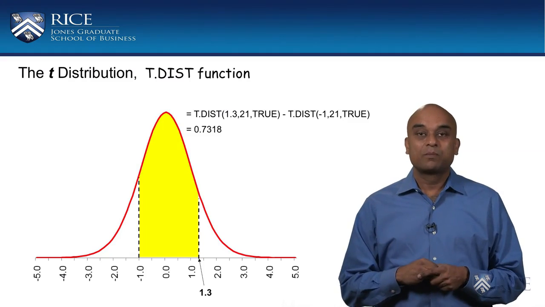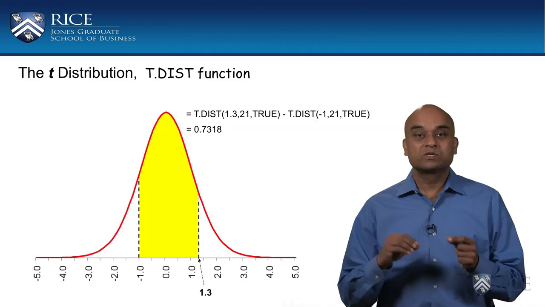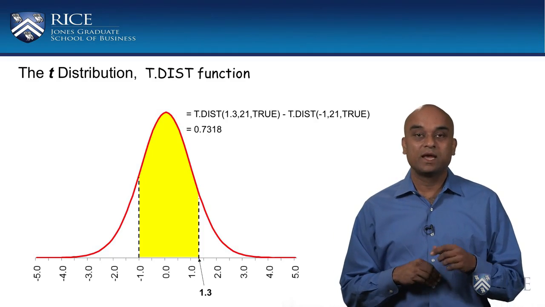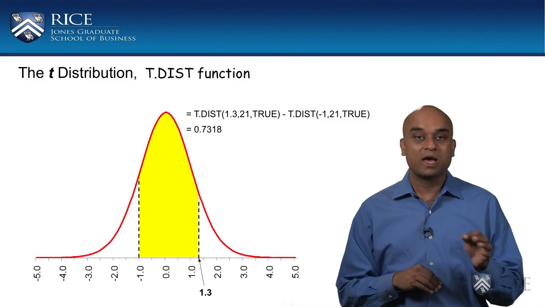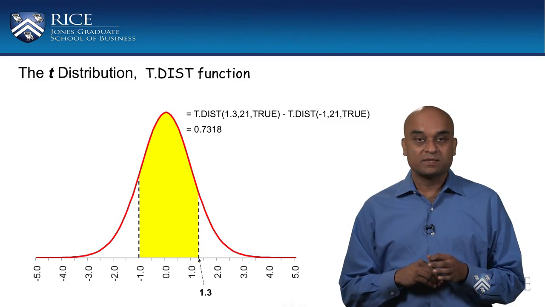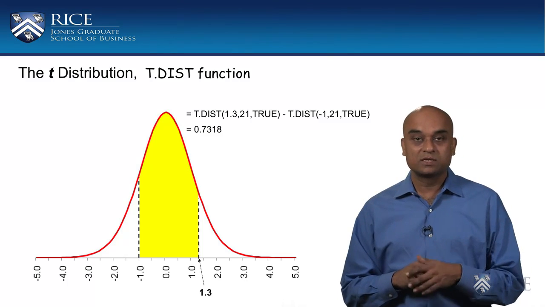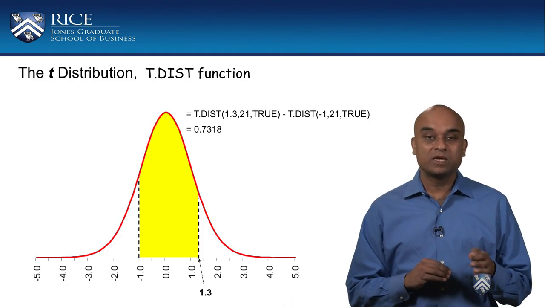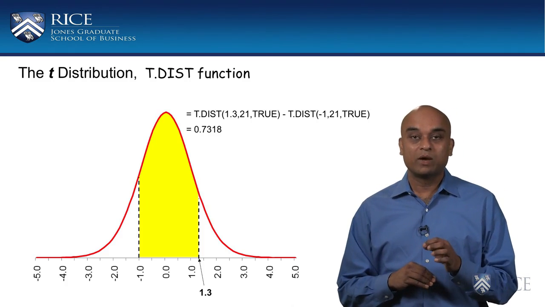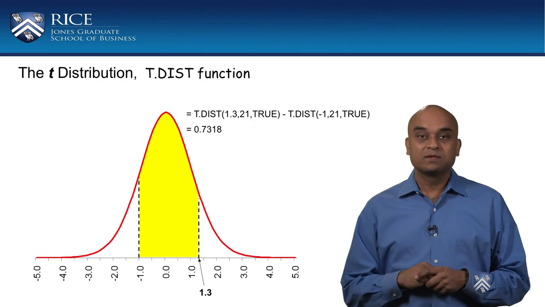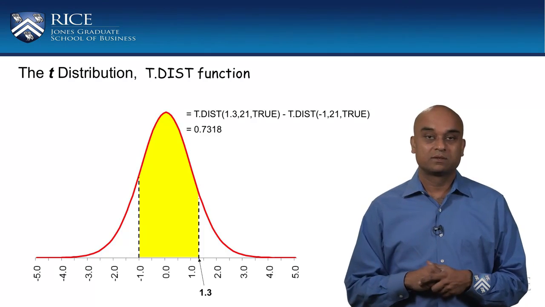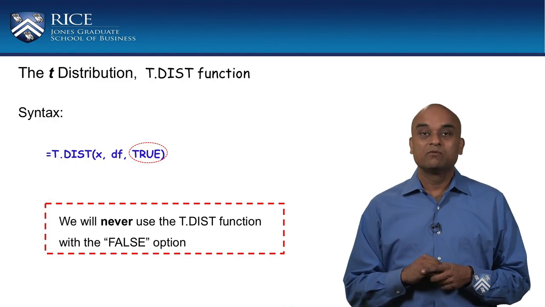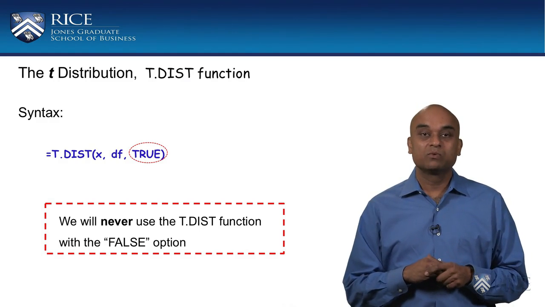Extending the same logic, the probability in the t distribution which has 21 degrees of freedom between negative 1 and 1.3 is the area under the curve between negative 1 and 1.3, which is calculated as =T.DIST(1.3,21,TRUE) minus T.DIST(-1,21,TRUE), the answer being 0.7318.